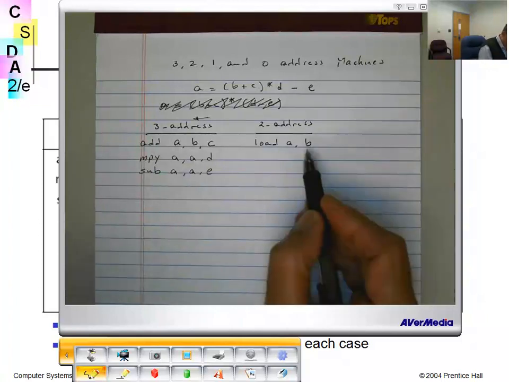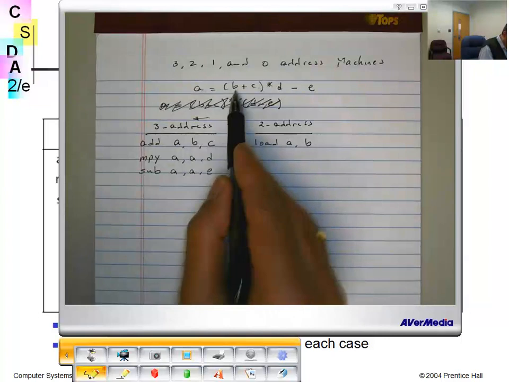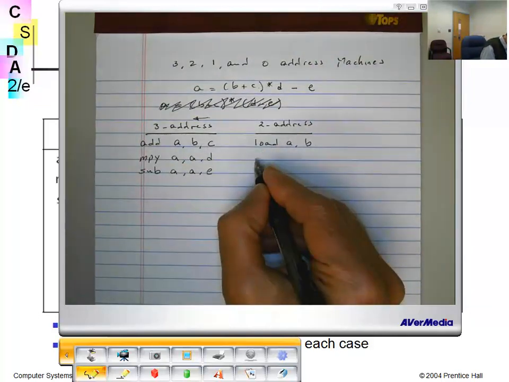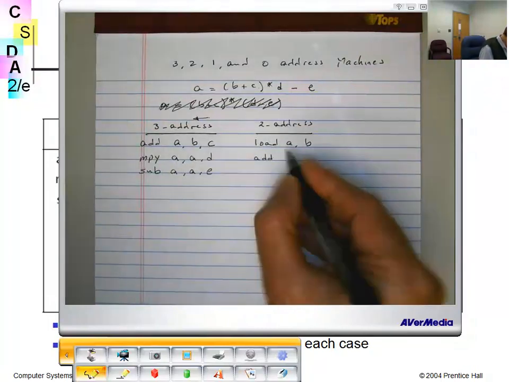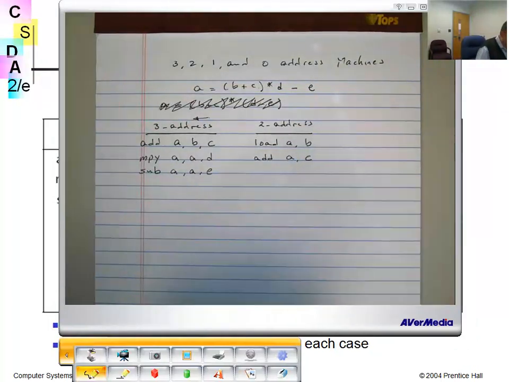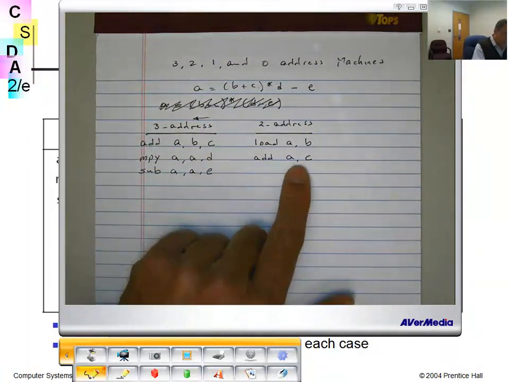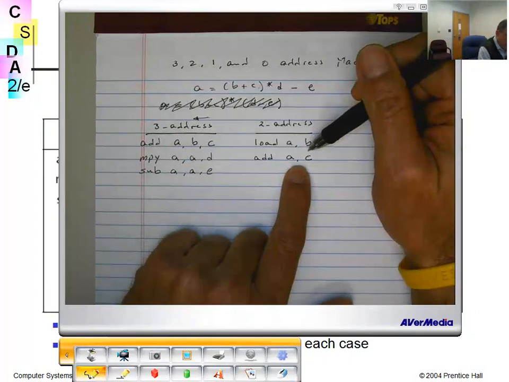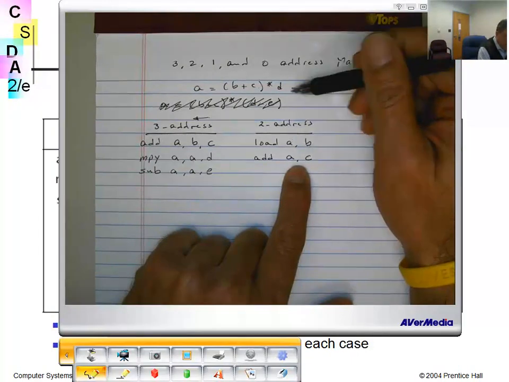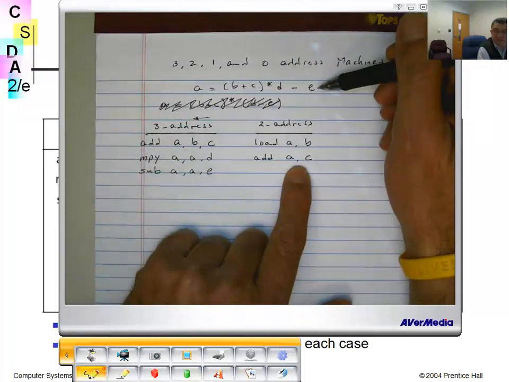I'm loading B to A. So A is equal to B. Then I'm saying add A, C to A, and results in A. You know why I'm doing that way? One of the reasons I'm doing it this way is I don't want to lose any original value of B and C, D and E. All right? That's the reason I'm doing it this way.